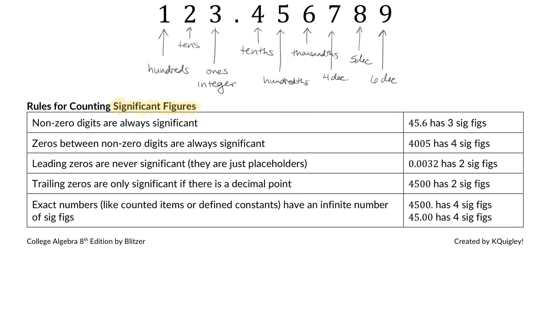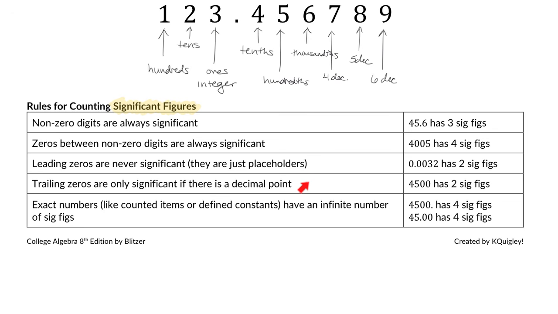So the number 4005 has 4 sig figs because you count the zeros in between non-zero digits. Leading zeros are never significant. They're just placeholders. So 0.0032 has only 2 sig figs. You don't count the leading ones.